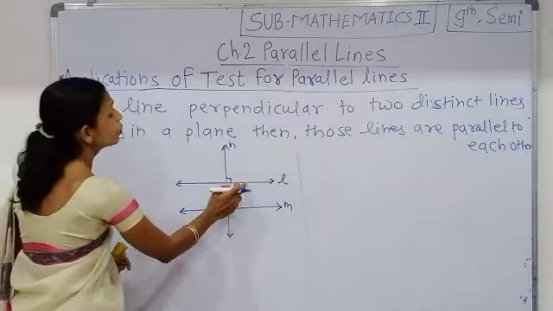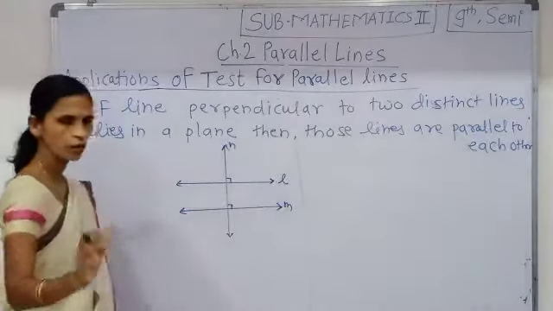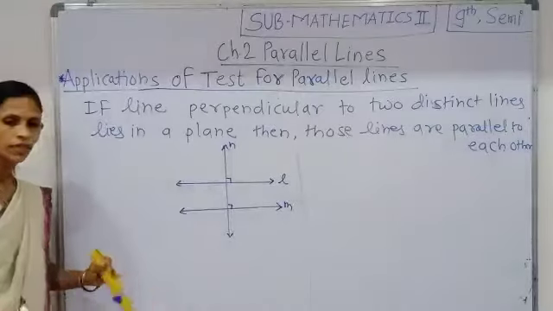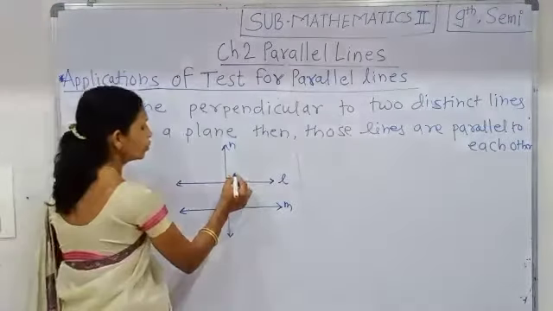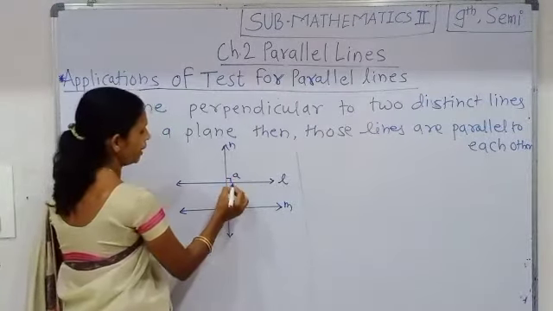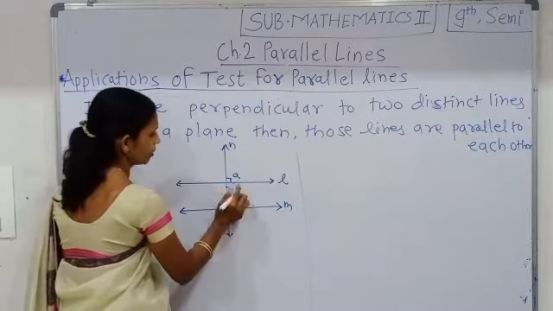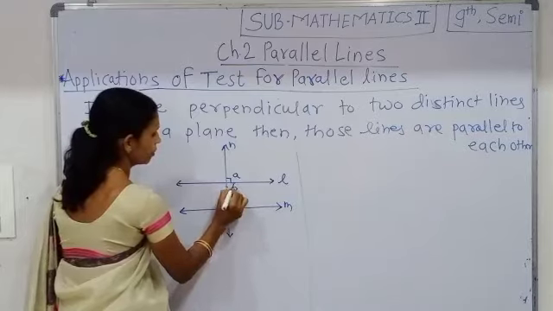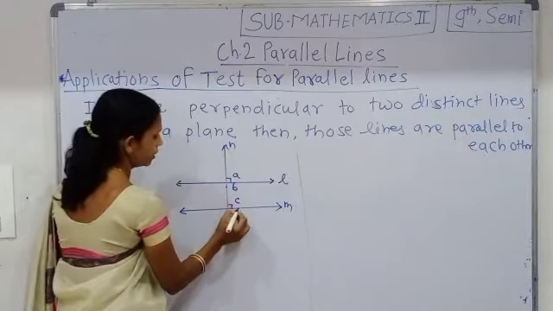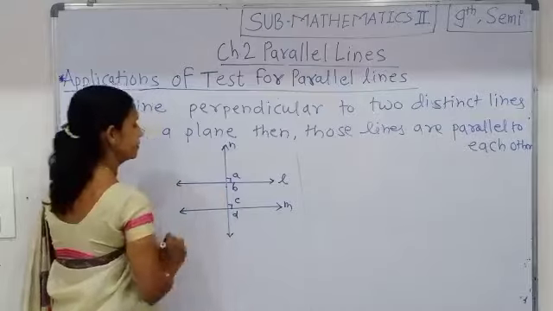Then we have to prove that those two lines are parallel to each other. We label these angles: angle A, angle B, angle C and angle D.